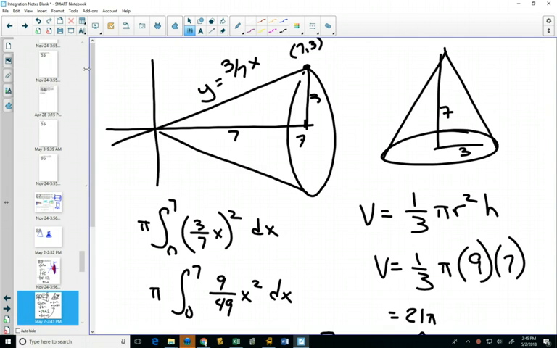If you've forgotten the formula, you're out of luck. But now, let's say we just randomly picked 3 and 7. We could have randomly picked any numbers. In other words, I could pick anything for R, anything for H. Those are just numbers.